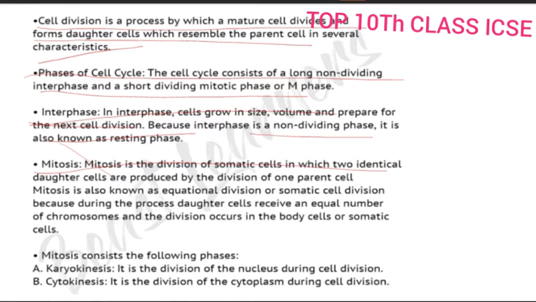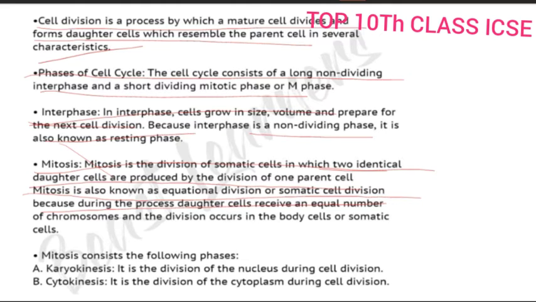Mitosis. Mitosis is the division of somatic cells. Somatic cells means vegetative cells or body cells, that we have studied in differentiate between mitosis and meiosis. Just remember, in mitosis two identical daughter cells are produced by the division of one parent cell. Mitosis is also known as equational division or somatic cell division because during the process daughter cells receive an equal number of chromosomes.